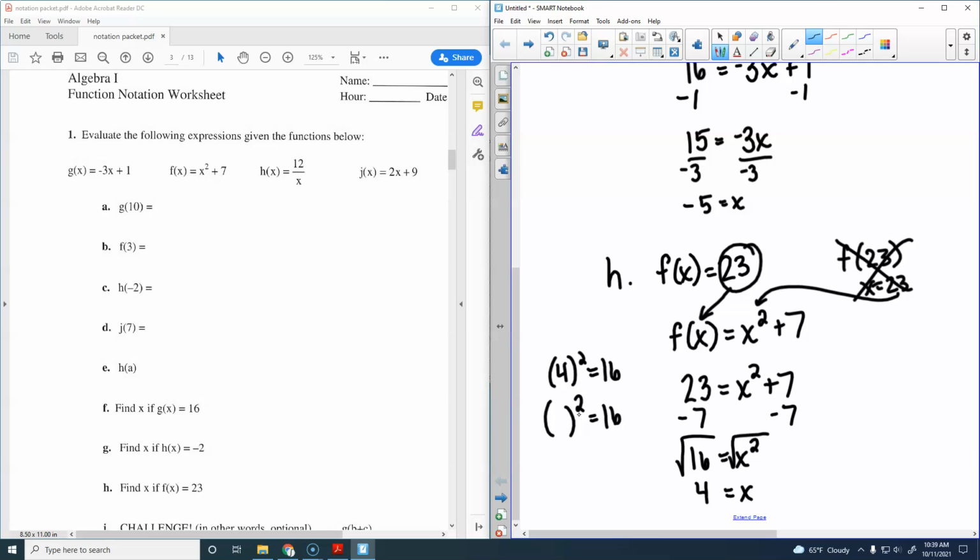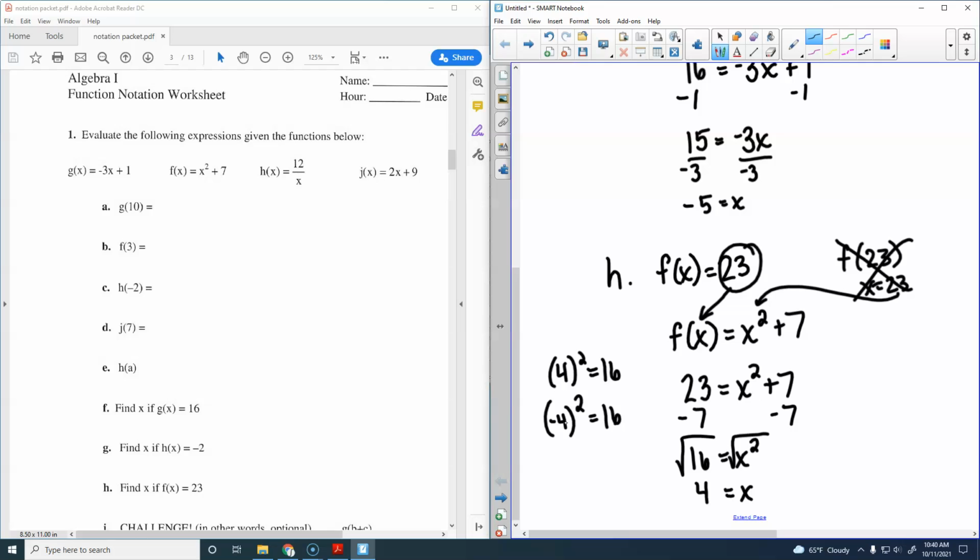It's not a weird decimal. Jada's got it. -4. All right. -4 also gives us 16 whenever we square it, right?